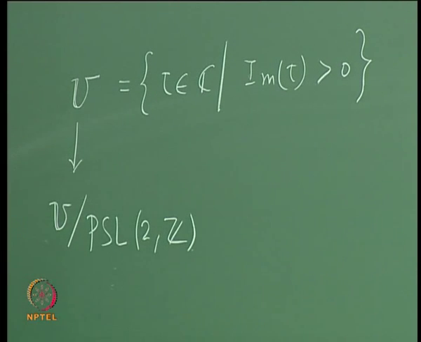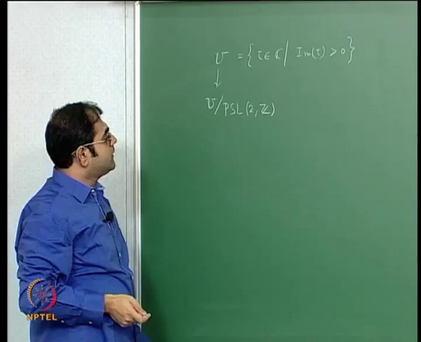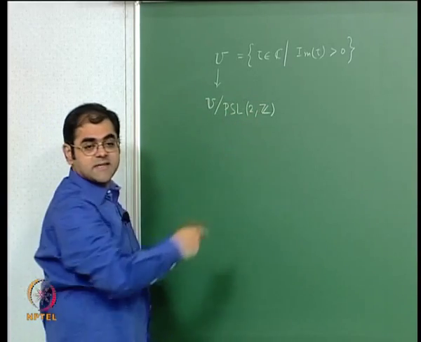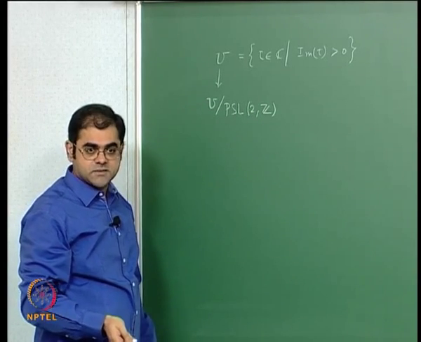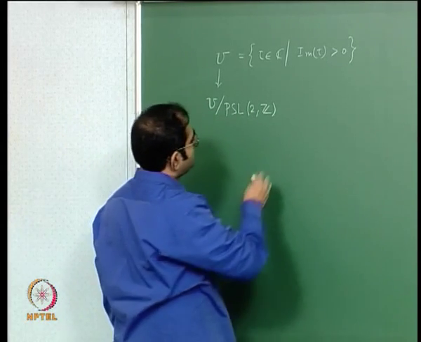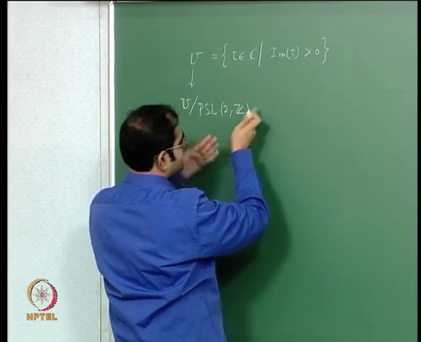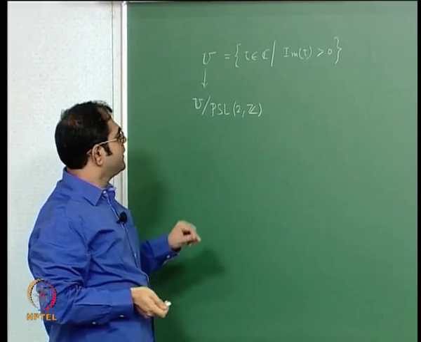It's a holomorphic map, and the quotient is a Riemann surface. We want to show that this Riemann surface is actually biholomorphic, that is holomorphically isomorphic to the complex numbers. So for a moment believe that we have that.